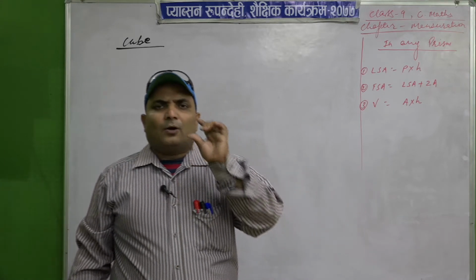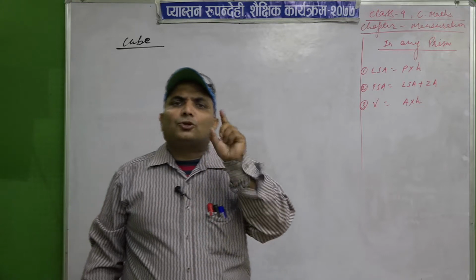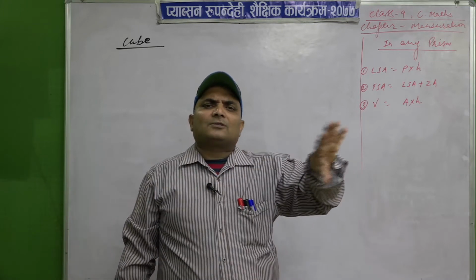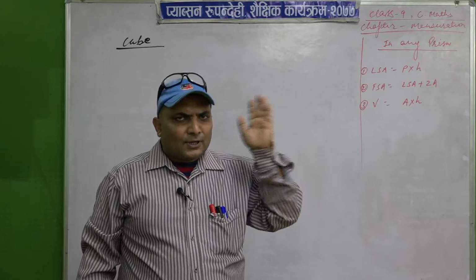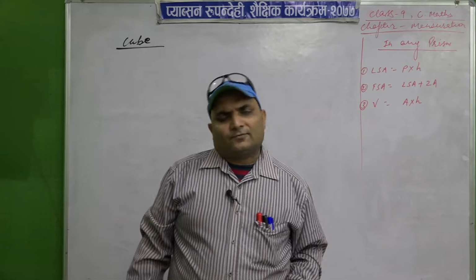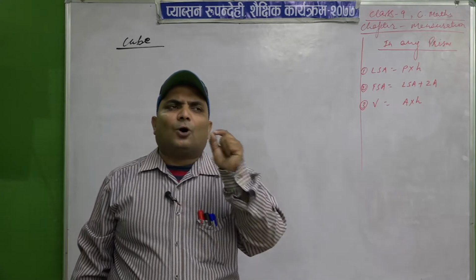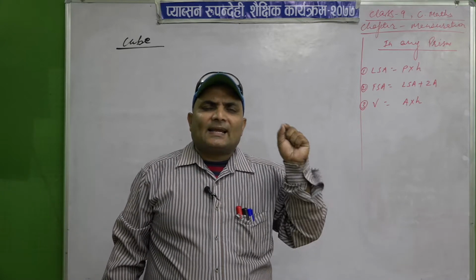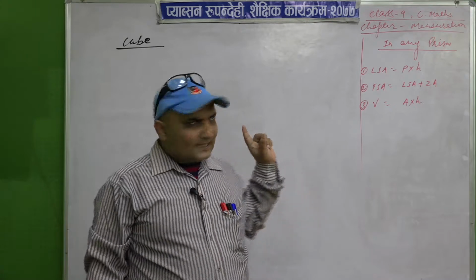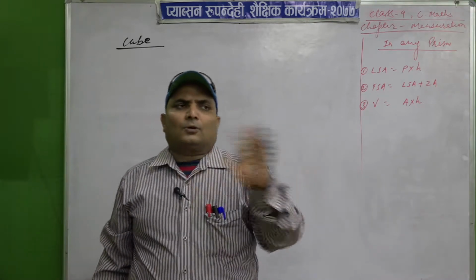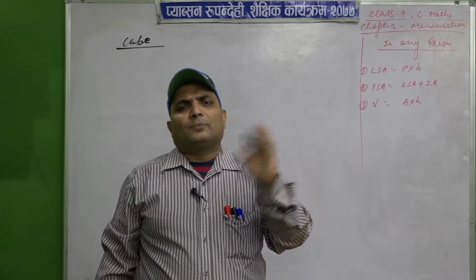Again, in a simple way: what is a cube? A cube is a cuboid. It means all properties, or you can say all formulas for a cuboid are also formulas for a cube. But one more additional thing is that all its length, breadth and height are equal, whereas in a cuboid they may be equal or they may not be equal.